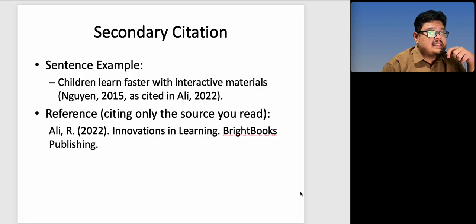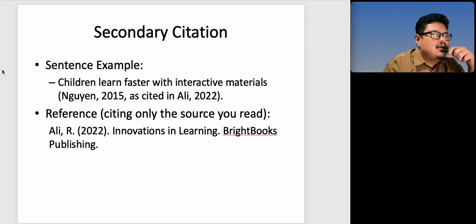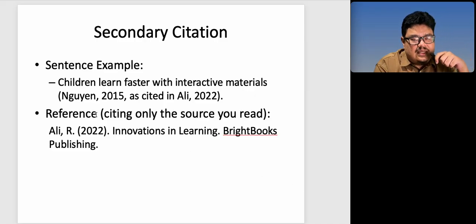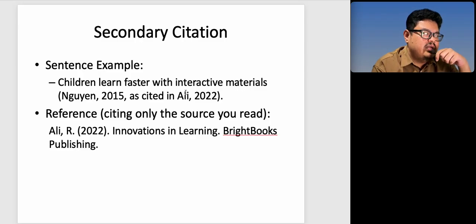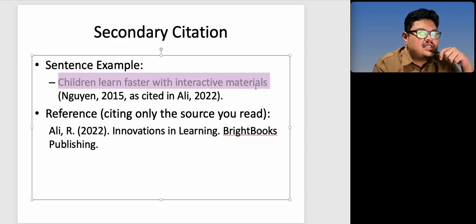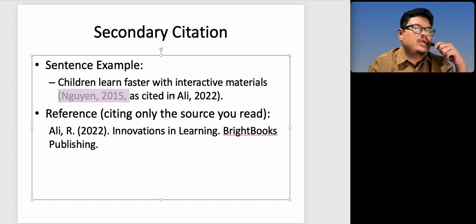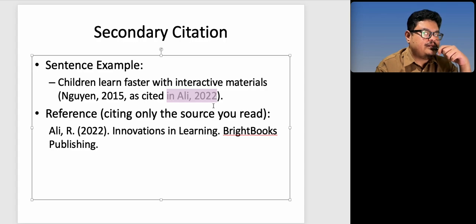Yes, and if it is a secondary citation, right? What does secondary citation mean? It means that it is a citation within a citation, right? Children learn faster with interactive materials. Nguyen 2015 as cited in Ali 2022, meaning that this information is from Nguyen 2015, but you got it from Ali 2022.